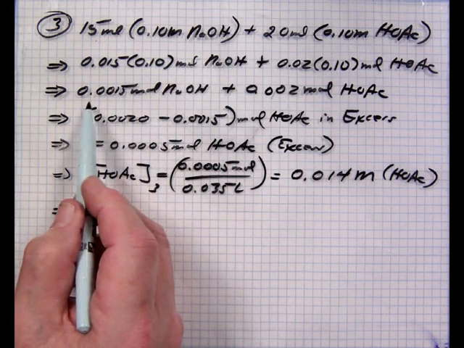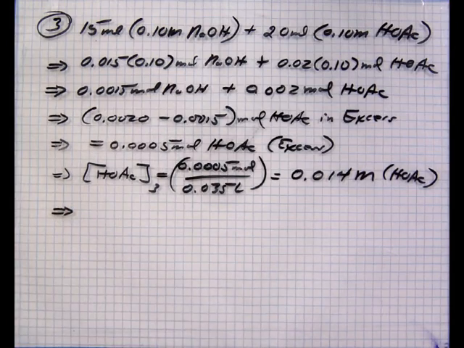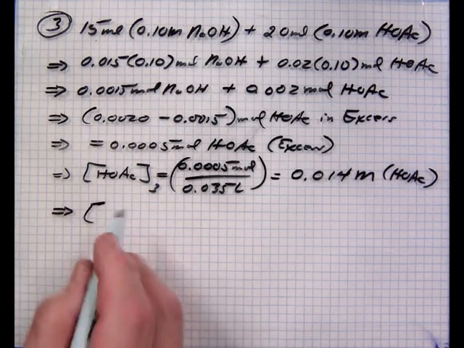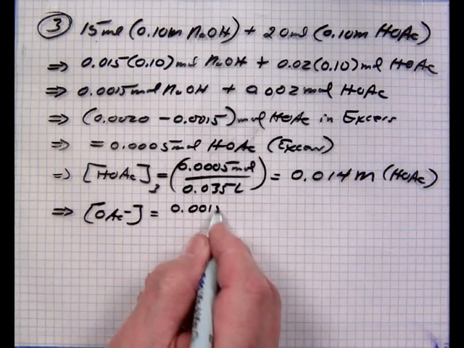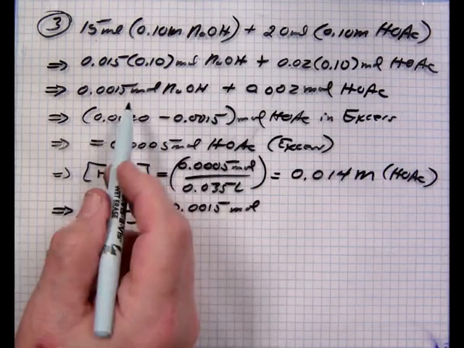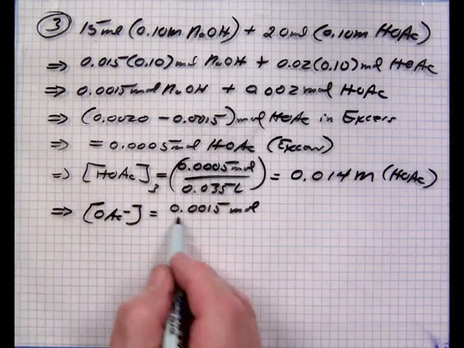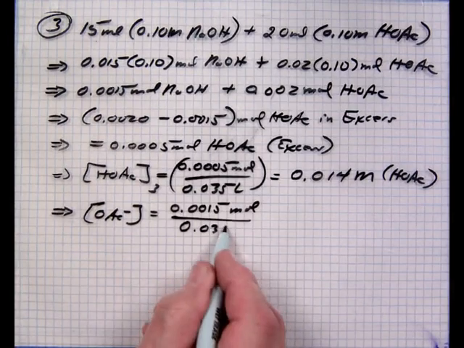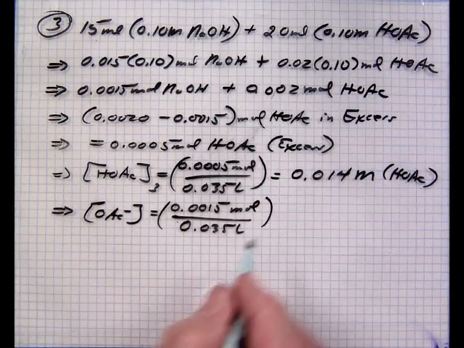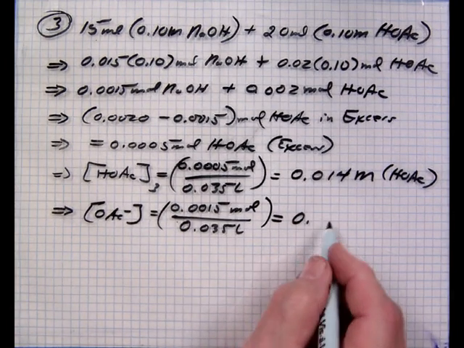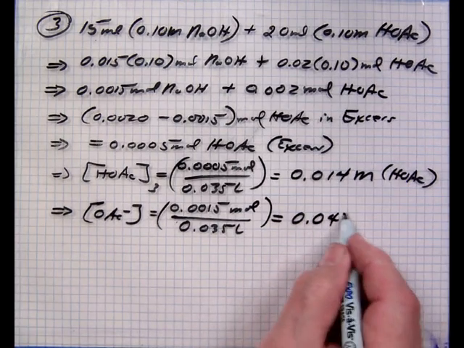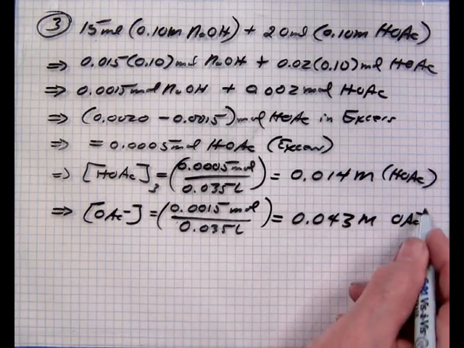That means we're going to produce 0.0015 mole of acetate ion, and so the acetate ion concentration now is 0.0015 mole formed when we added that much base, and it too is in 0.035 liters of solution. And that gives us a 0.043 molar in the acetate ion.